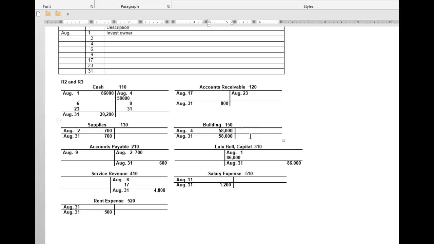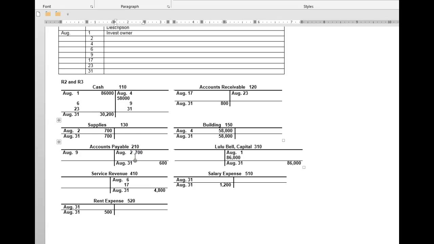So now, as you look at this, we've done three transactions. Here's cash. Here is capital. Both are in balance, correct? On August 2nd, we charged supplies, so there's a debit here and a credit here.